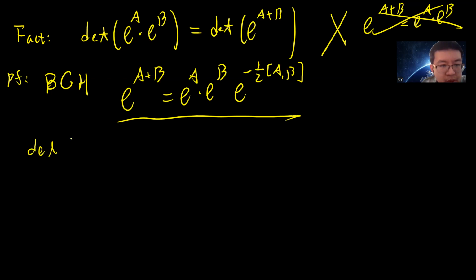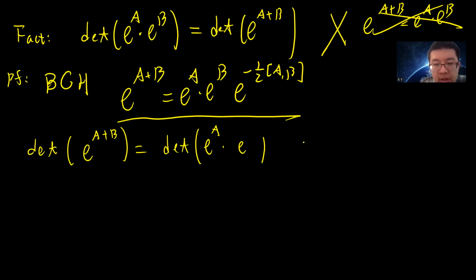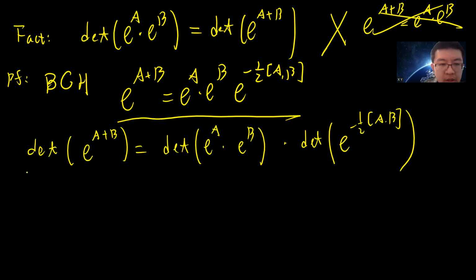So we get the determinant of exponential of A plus B is the same as the determinant of exponential A times exponential B, and then times the determinant of this. So obviously this tells you the claim is true.